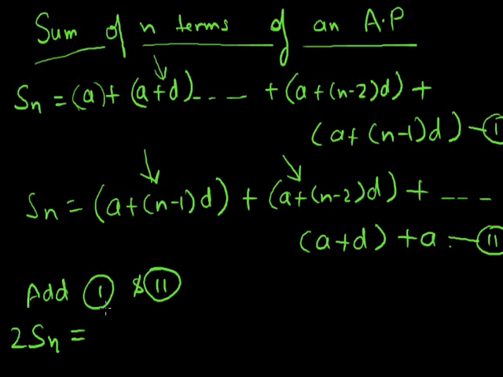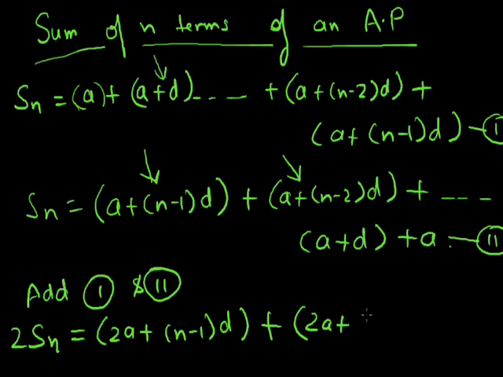So when we do this, what we'll get is 2a plus (n minus 1) into d, plus, now we add the second term of the first equation with the second term of the second equation. So what we'll get is 2a plus (n minus 2) into d plus d. In the same way we have to do the procedure.